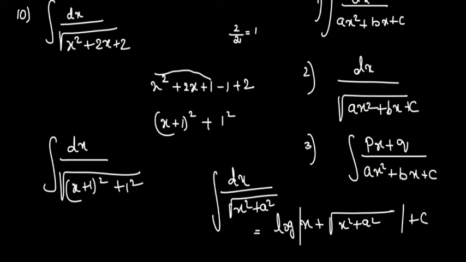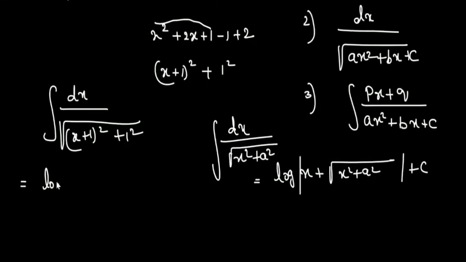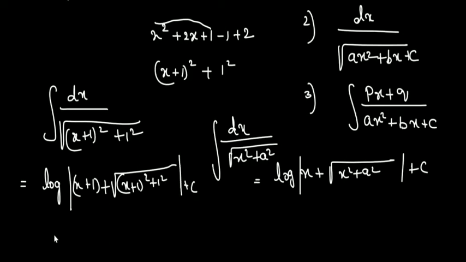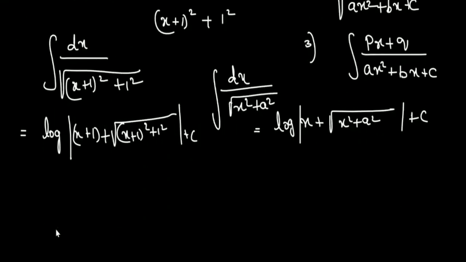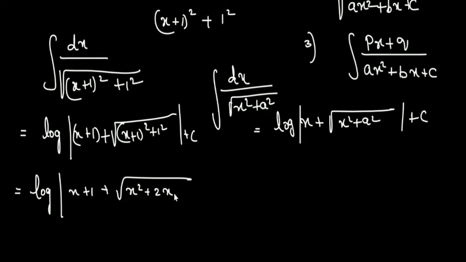So this becomes log of x plus 1 plus root of x plus 1 the whole square plus 1 square, plus c. That is nothing but log modulus of x plus 1 plus root of x square plus 2x plus 2, plus c.